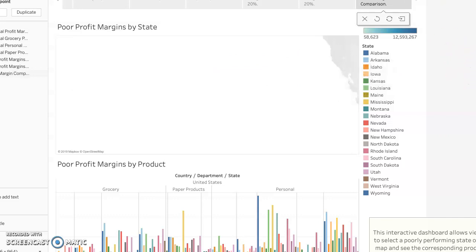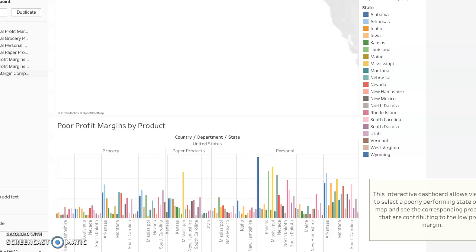What I would recommend for this company is that they look at the products that are performing poorly within each of these states, and they decide whether it is worth it for them to choose a different marketing strategy for those products. If it is not, if it's too expensive, or if they don't think it will benefit that much, or they don't think they can turn around the profit margin, then I would recommend that they eliminate those products entirely.